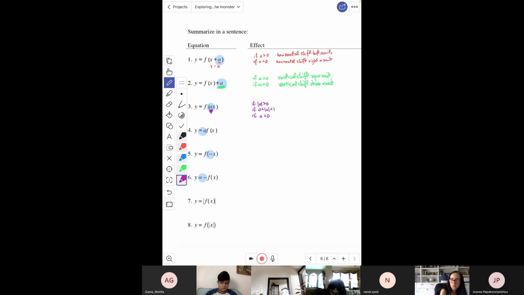Look back at the example. What is that doing to the graph? Can anybody tell me? I'll give you a hint. Since it's attached to the X, it's going to affect the domain. So it's a horizontal what? If the absolute value of A is greater than 0, it is a horizontal what?